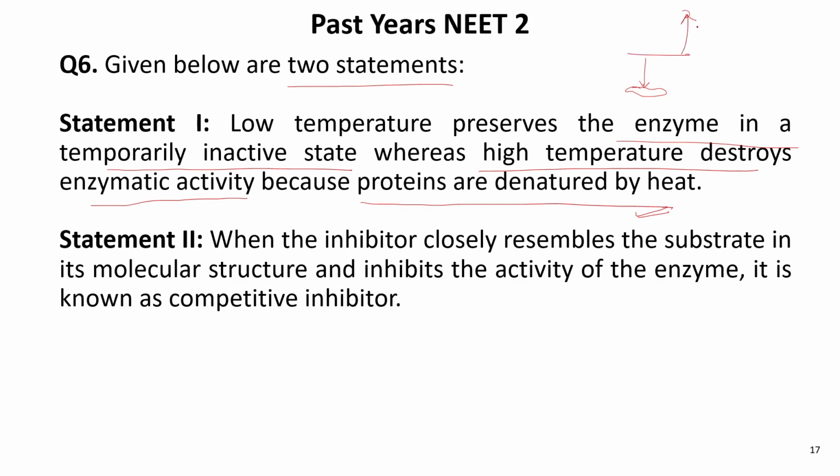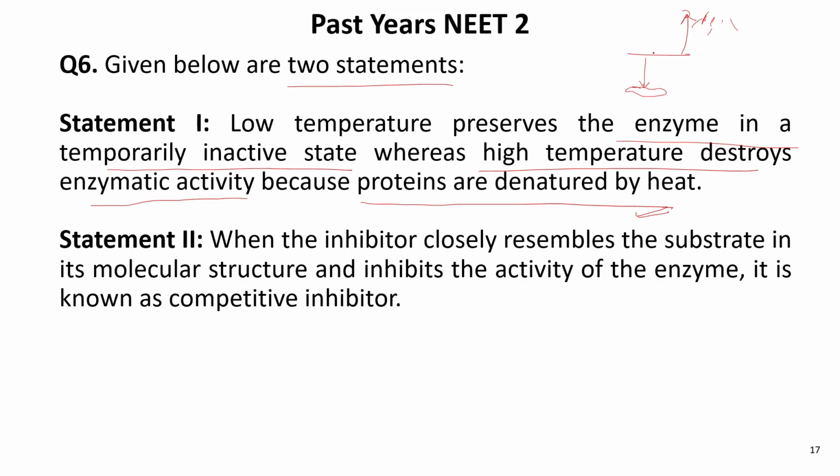At the higher temperature, the protein gets denatured because at that particular point the peptide bonds get broken and the polypeptide gets denatured, or we can say the protein gets denatured.